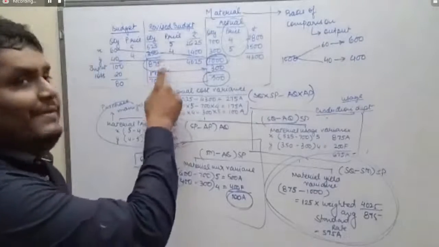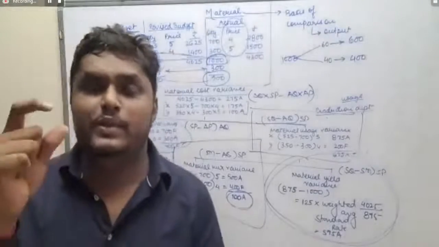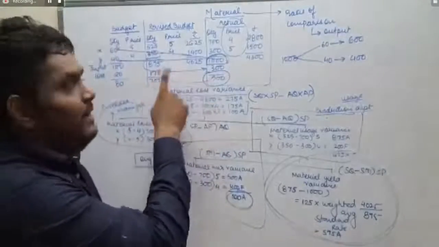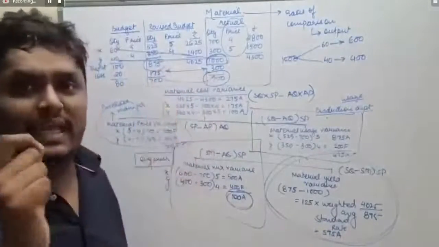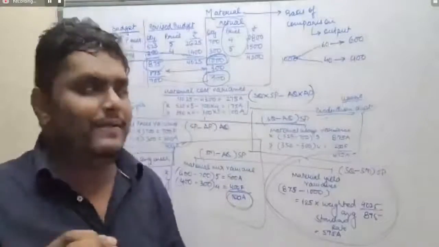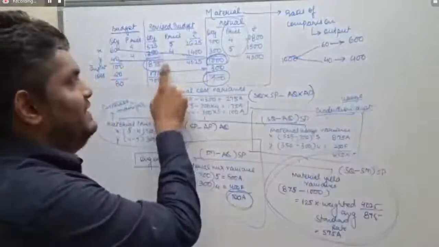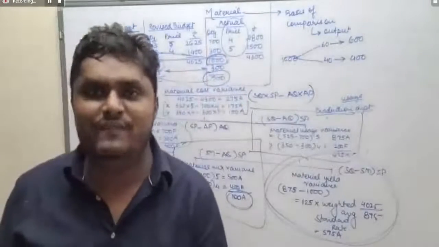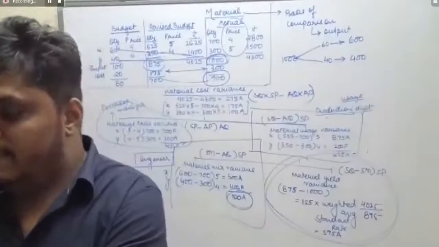Manish, this is 875, the estimated input, that should be the overall input for manufacturing 700 units. I repeat again, Manish, the overall input required for 700 units is 875 kgs. However, we made an input of 1000 kgs. That's why there is a difference of 125 kgs.